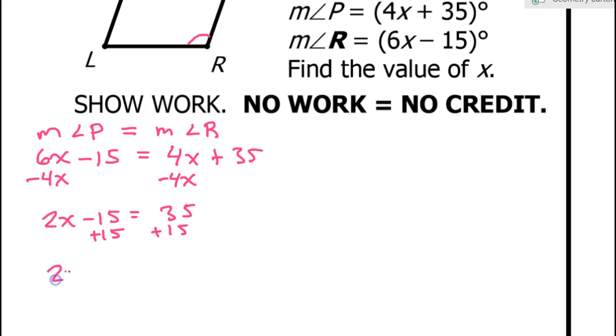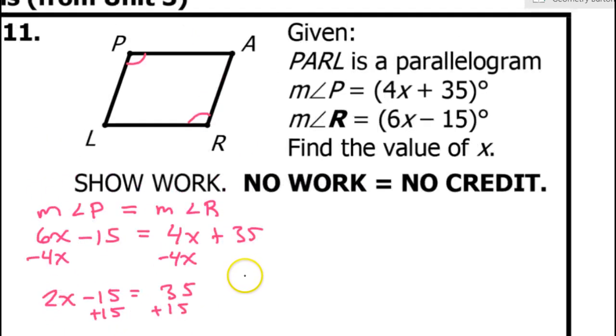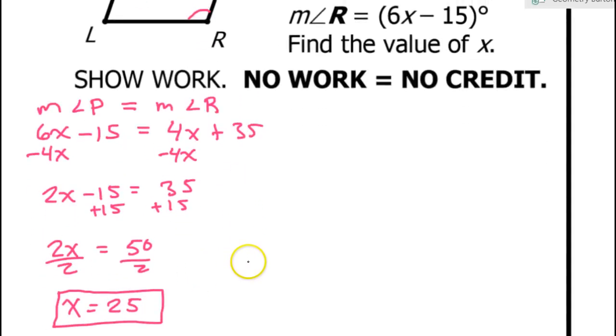So that's going to give me 2x is equal to 50. And then dividing both sides by 2, that tells me that x is equal to 25. All right, so that was it for number 11.